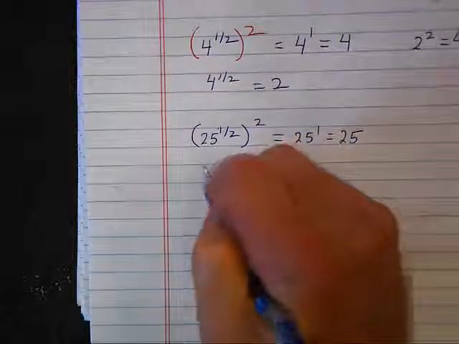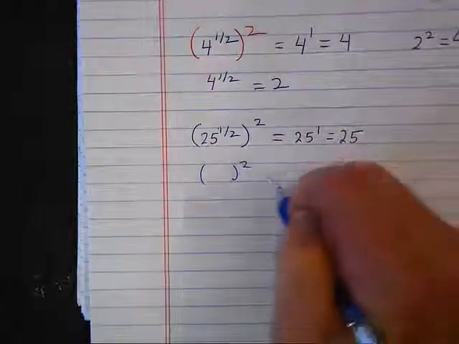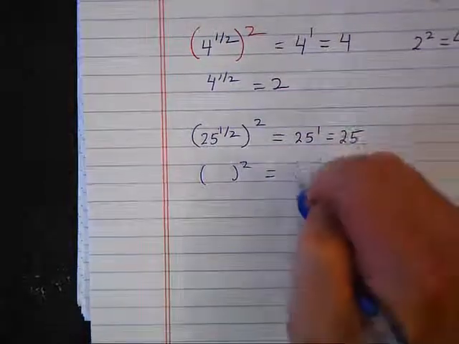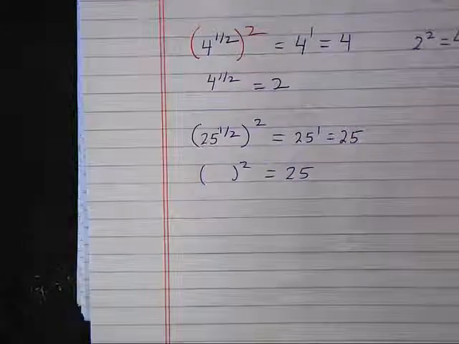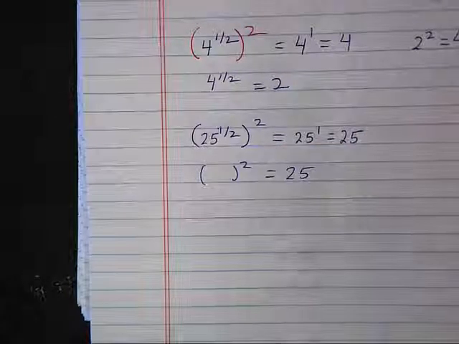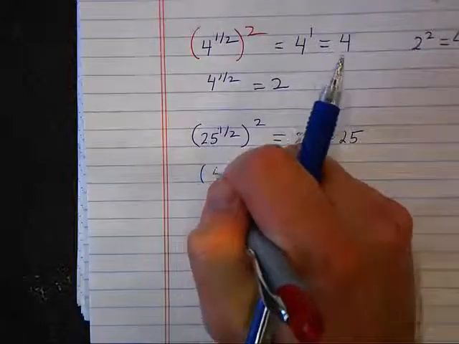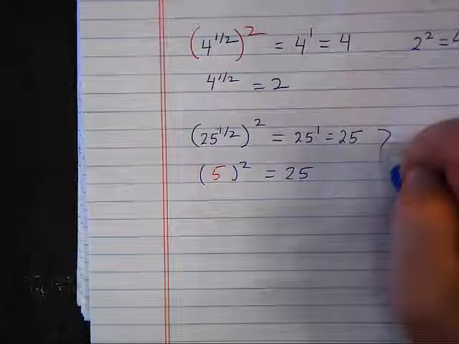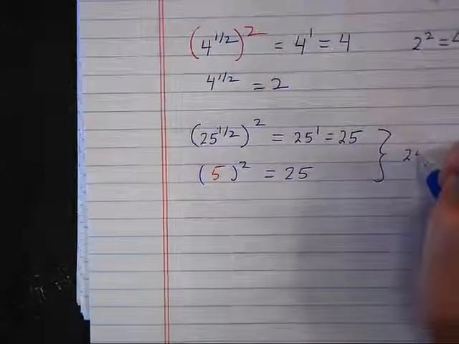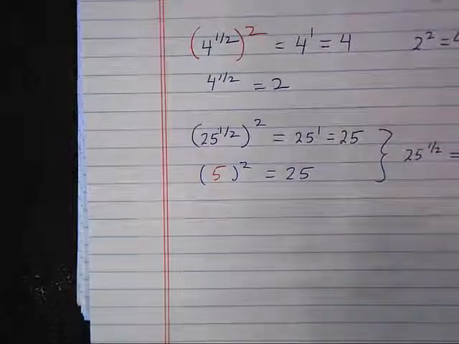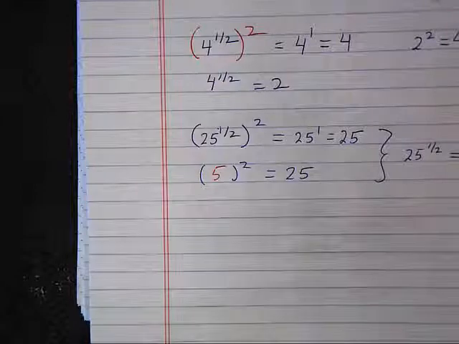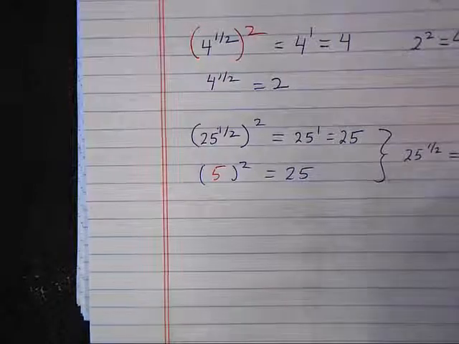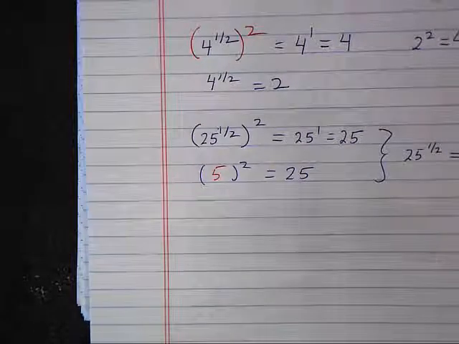Do I know a nice regular old number that when I square it, I happen to get the answer 25? A nice regular number that I know is 5. 5 squared gives 25. So once again, I'm inclined to believe that 25 to the 1/2 should be what number? 5. All right, so how are these things related?